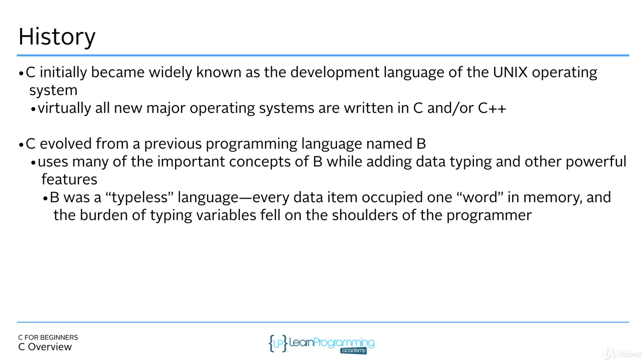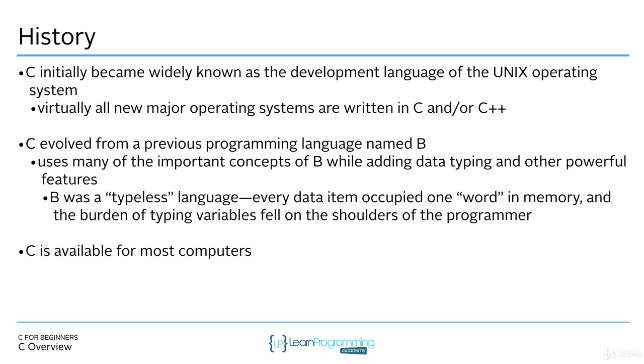That's why it's named C. I guess they weren't very clever, and they just said, "Hey, B, C." There's also a language called D, by the way. It uses many of the important concepts of B while adding some data typing and other powerful features. You might not have a clue what data typing is. Don't worry about that right now. Know that it added some new features from B. Mainly B had this issue of typeless, meaning data didn't have types, and C improved upon that.